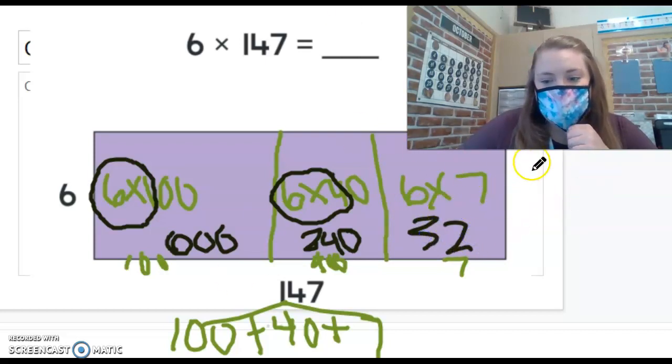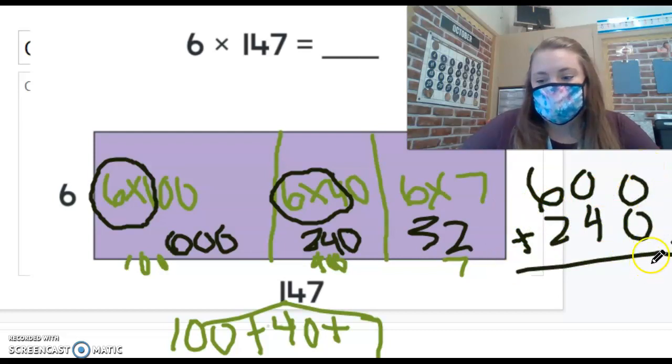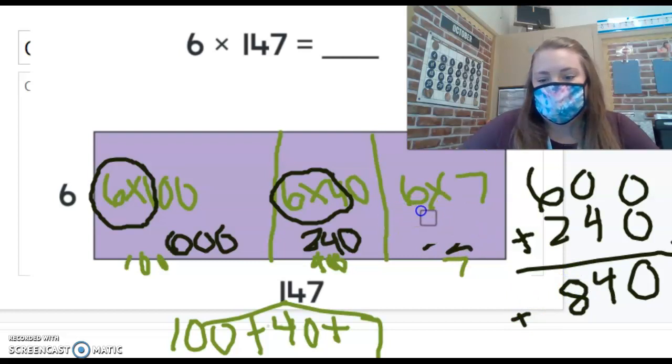Okay, so then we add it all together. So 600 plus 240. 0 plus 0 is 0. 0 plus 4 is 4. 6 plus 2 is 8. Oh, let me fix this. Let me fix that real quick. So this would be 7.